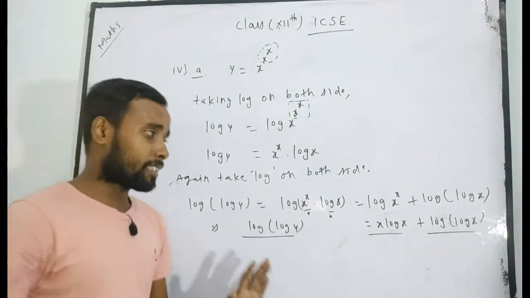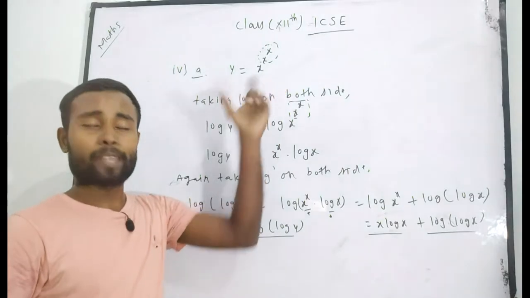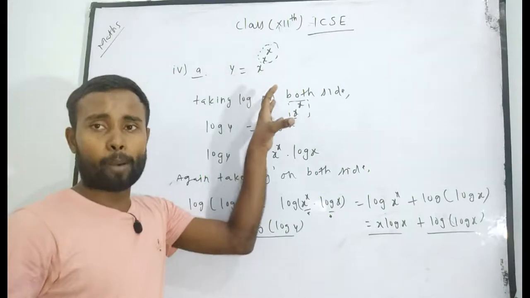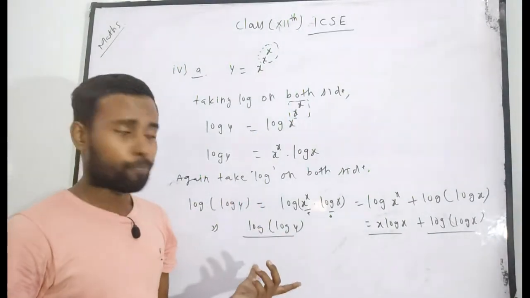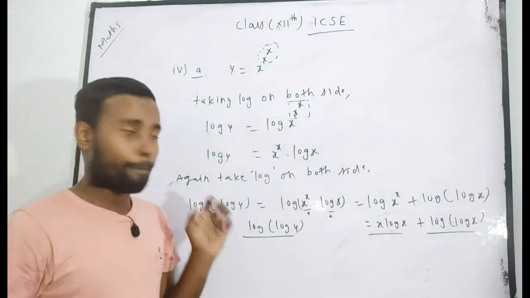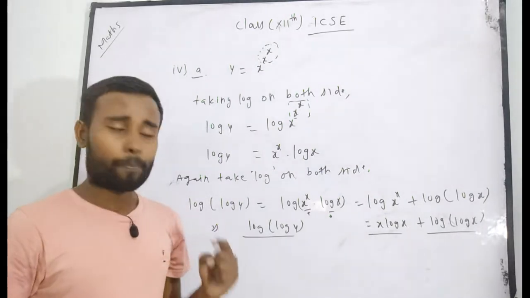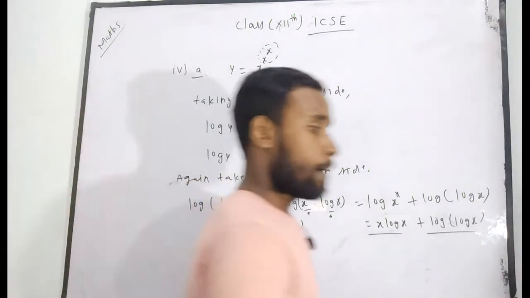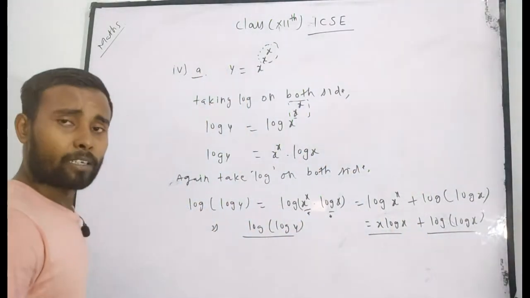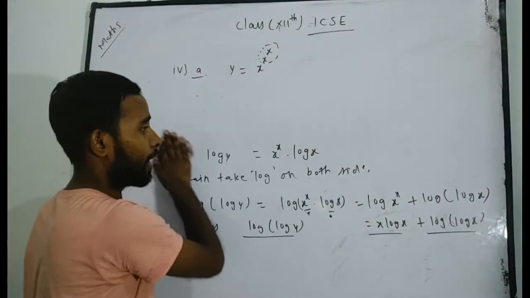In this question there is nothing, only you have to firstly simplify. As you see here, there is no formula, and until this class I have not discussed a problem like this, so you can't solve it by either method. So first of all, you have to simplify this question by taking log on both sides, and you have to take log multiple times until it reaches a very simplified form.